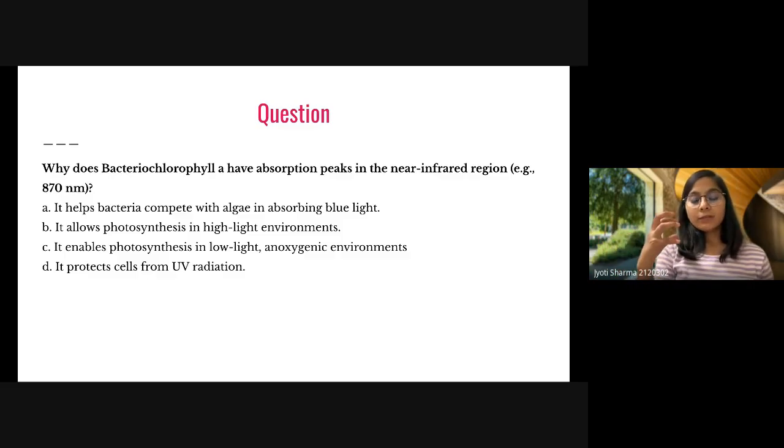So in a low light environment, they should have an absorption peak where that low light can also be absorbed. So that's why C is the right answer. It enables photosynthesis in low light. Low light means the wavelength will be higher, right? So that's why C is the right answer.